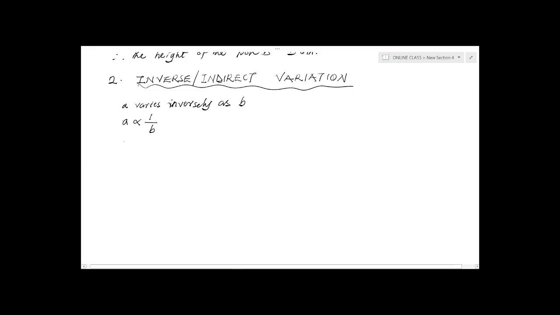You have to change this to a constant, and that will be A equals K over B. I've changed this to K, like K times 1 up there, over B. So the next thing is to find K. K here will just give you AB.